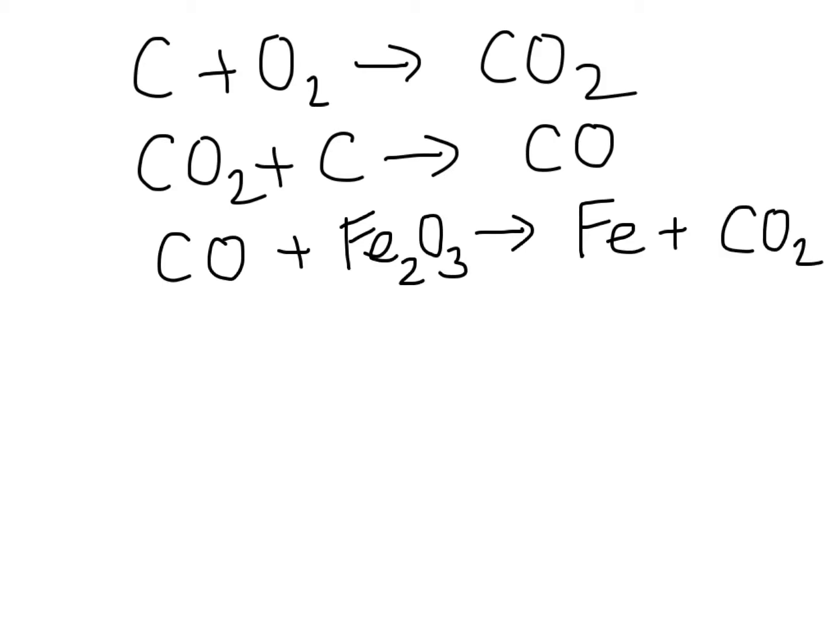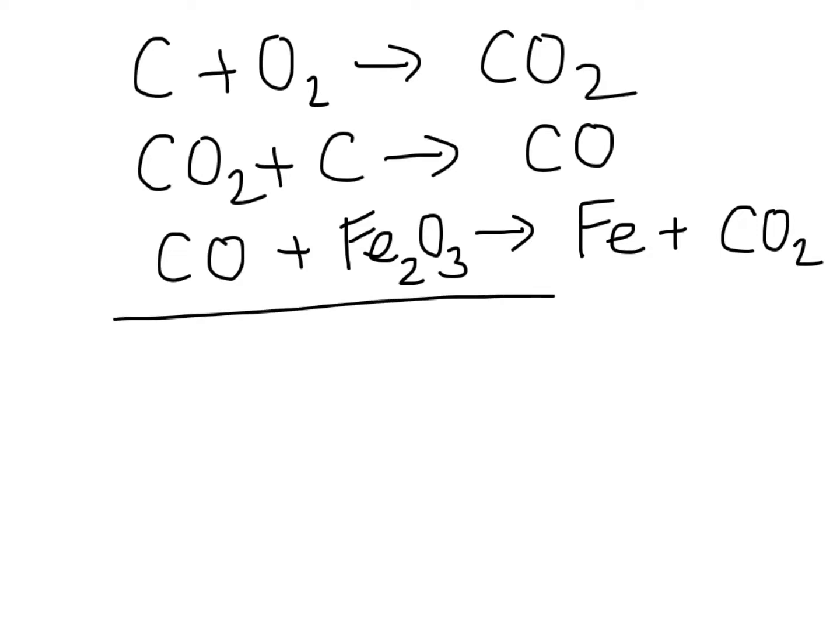Now notice that I have left some space here to balance it later on. The space before every compound that we have here, every substance that we have here, including iron, is for balancing this equation later on.